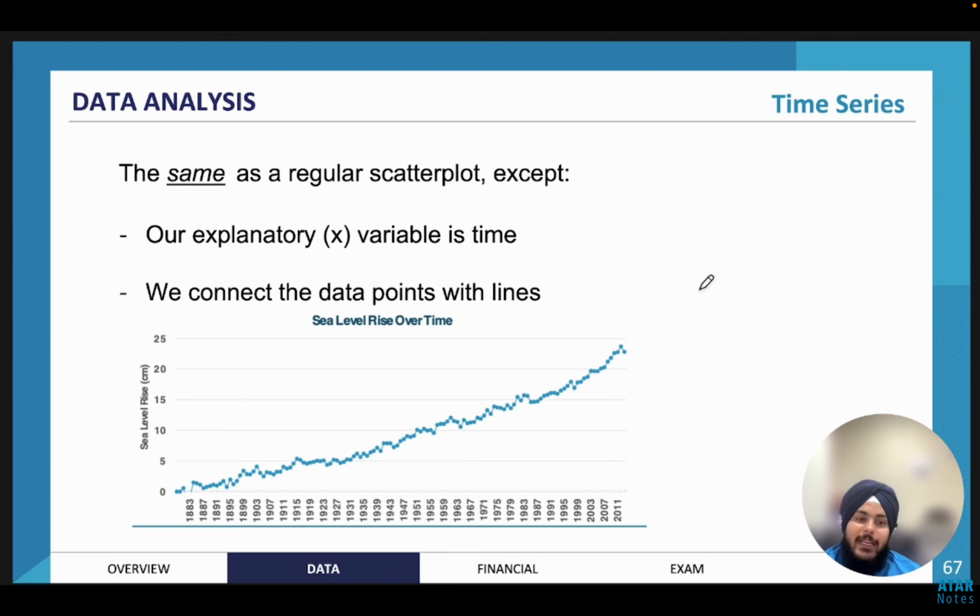So in this graph, we can easily see that the sea level is rising over time, which could be of concern. So again, these types of graphs are really good for representing the relationship over time between two variables, those two variables being time and any other type of variable that you're measuring.